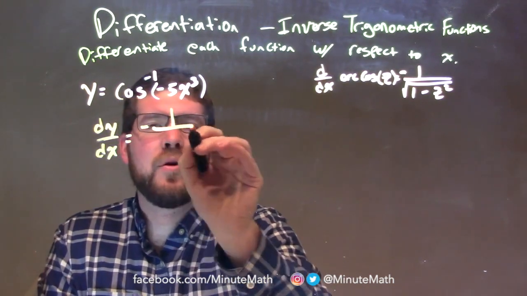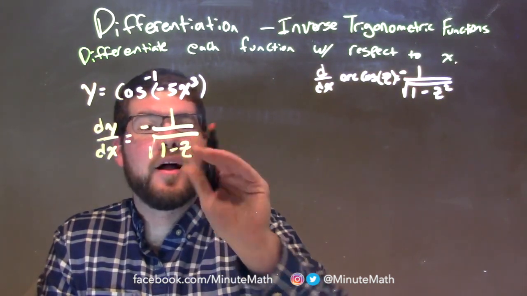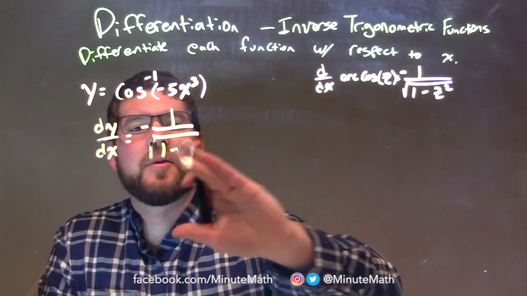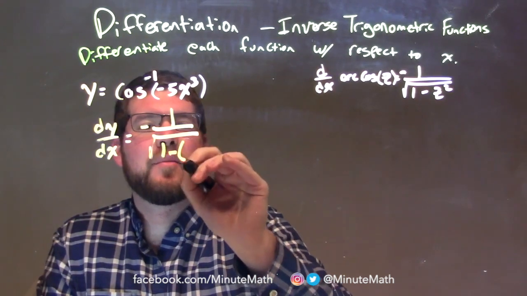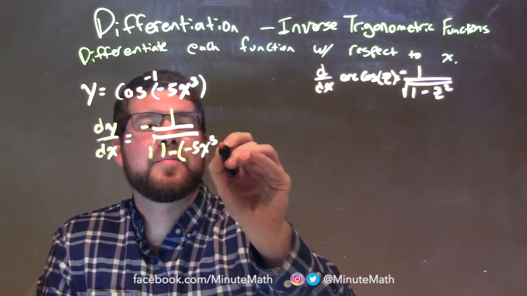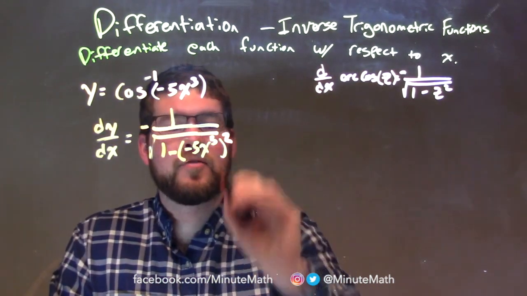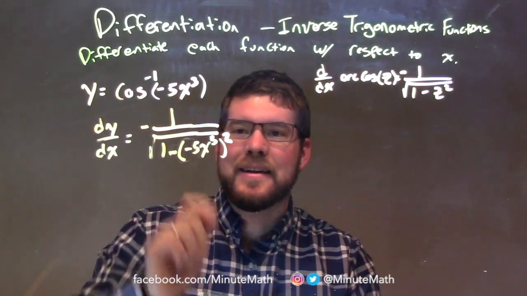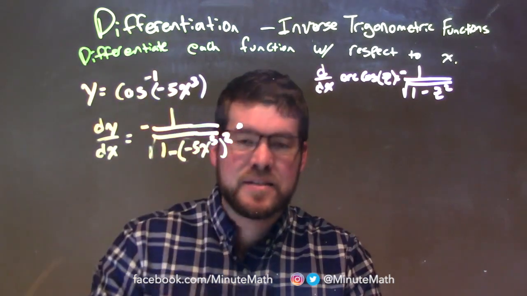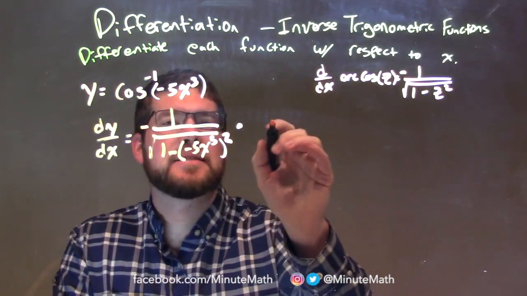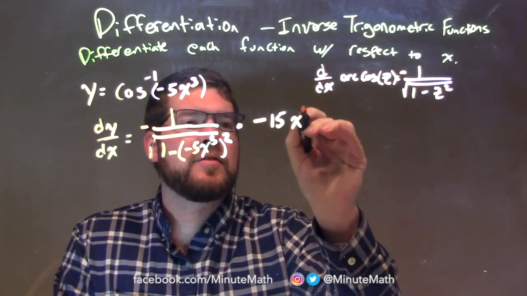Negative 1 over the square root of 1 minus whatever's in our parenthesis, negative 5x to the third, and we have to square it. Then we apply the chain rule, multiplying by the derivative of the inside of that parenthesis. The derivative of the inside is, well, 3 comes down, the power will be negative 15x squared.